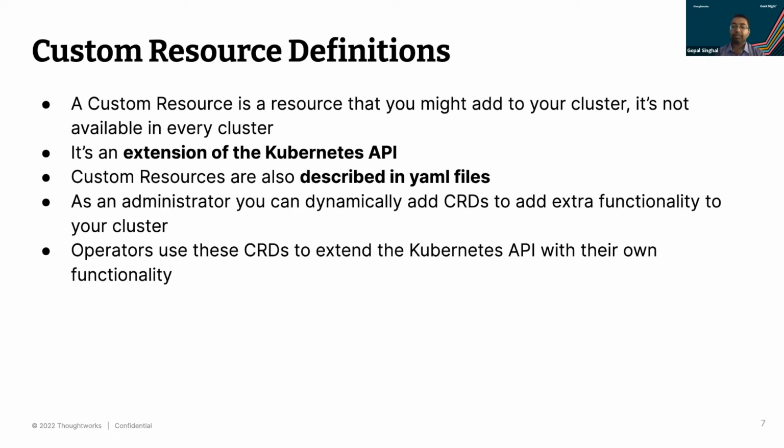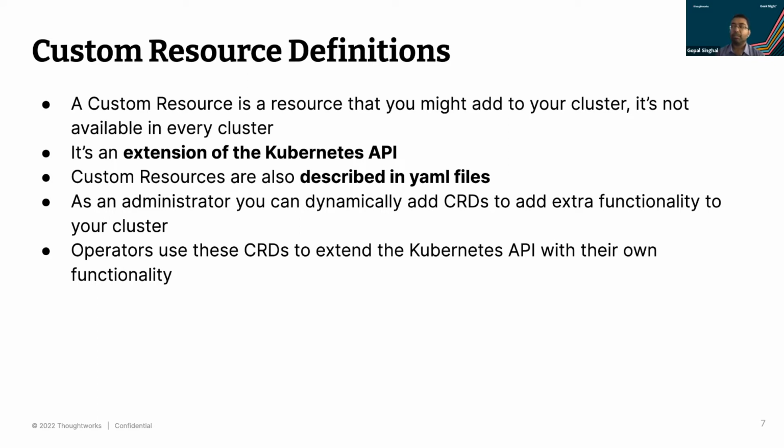Operators, though, will be explained in the next section. They use these CRDs to extend the Kubernetes API with their own functionality. So in a nutshell, anyone can create CRDs, add them to the cluster, and then use them. For that, you just need to create a YAML file and apply it using kubectl.